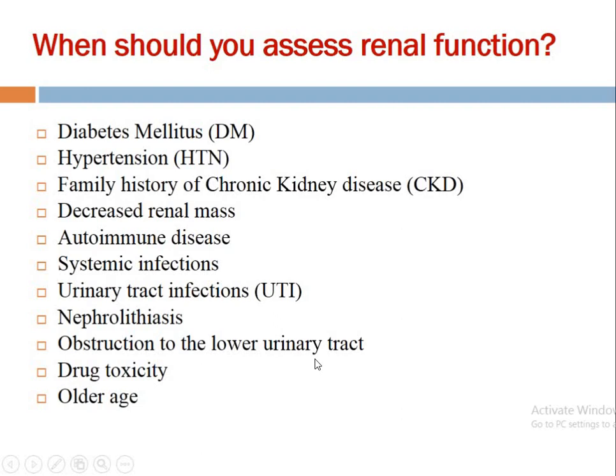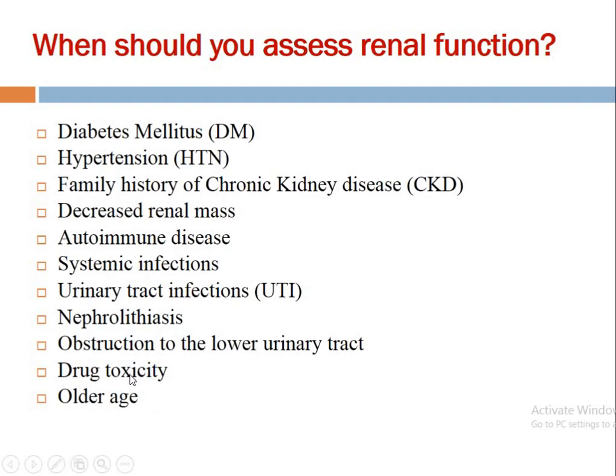Then in older patients, there is a hypertrophy of the prostate. As it is surrounding the urethra, once there is a hypertrophy, the large tissue will cause obstruction of the urinary pathway. This obstruction to the lower urinary tract will happen. Carcinoma of the prostatic gland can again cause this.